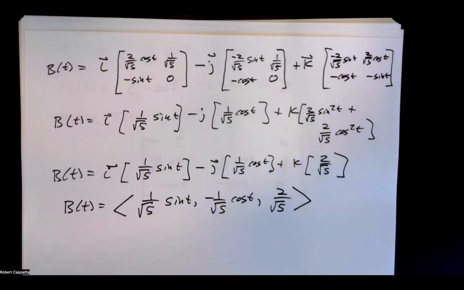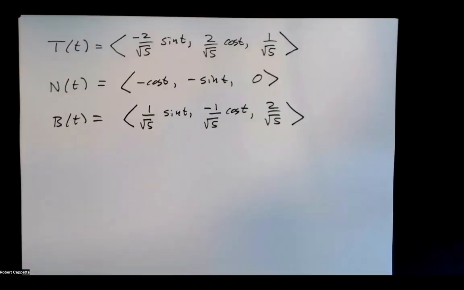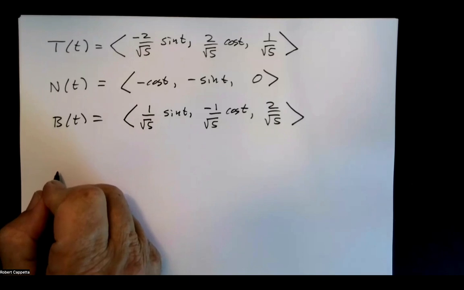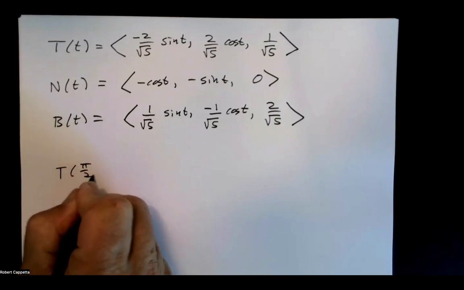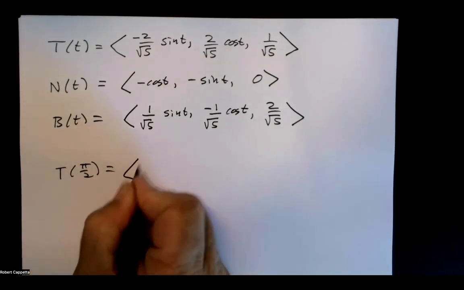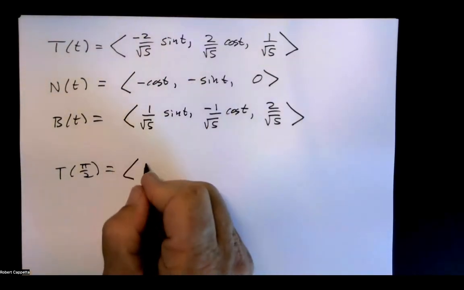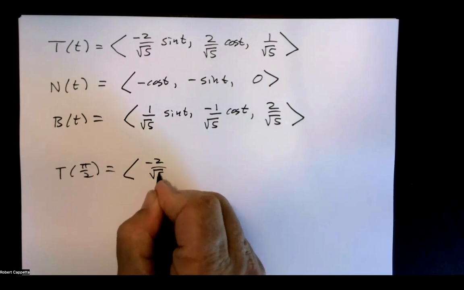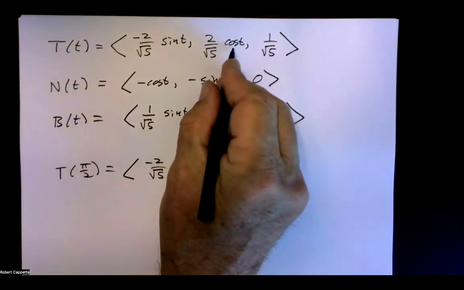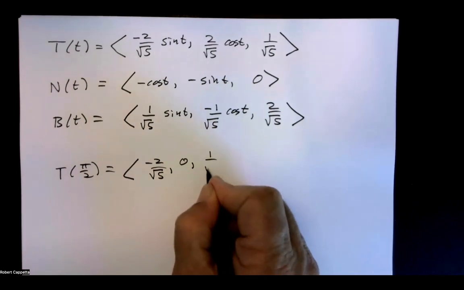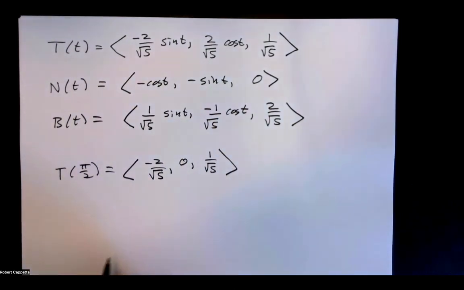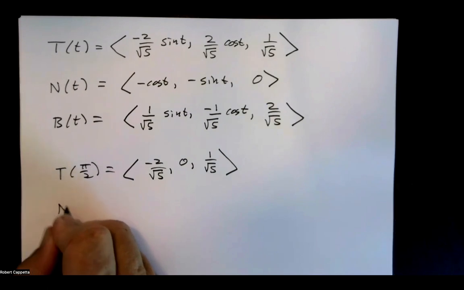So let's collect our information on T, N, and B and take a look at those vectors, at least for one value. Let's see what we're going to get at pi over 2. So what is T at pi over 2? Sine of pi over 2 is 1, so negative 2 over root 5. Cos of pi over 2 is 0. 1 over root 5. You'll notice the magnitude is still 1. How about N of pi over 2?